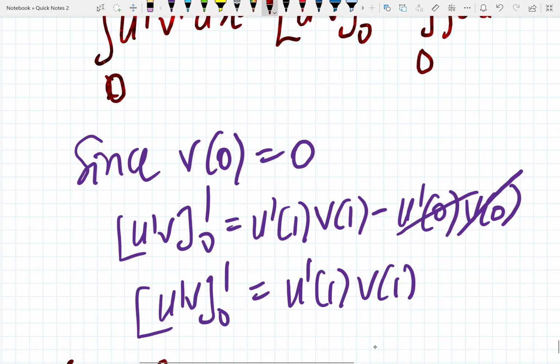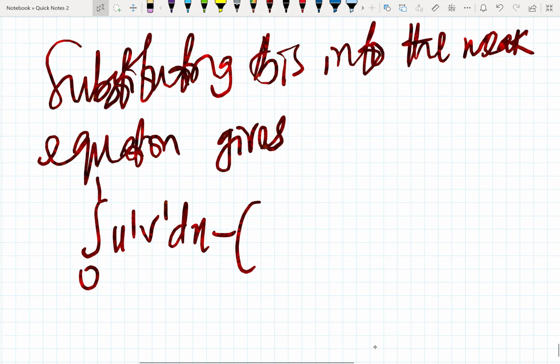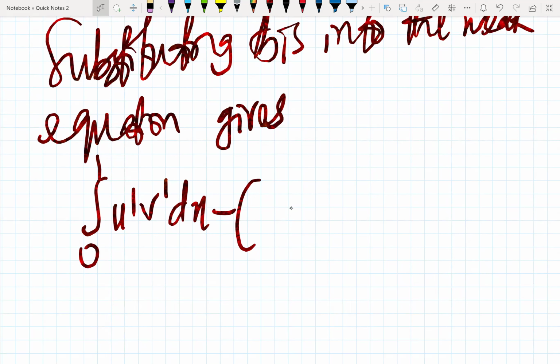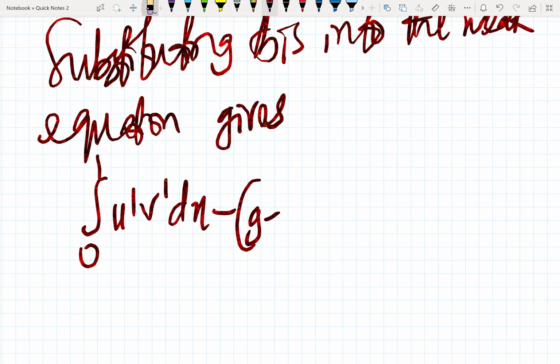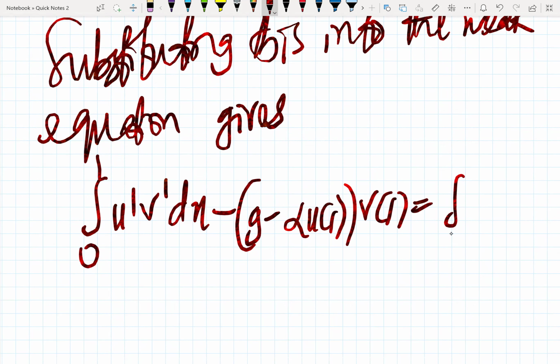And we know u prime of 1 is g minus alpha u of 1. So that's g minus alpha u of 1 multiplied by v of 1, equals the integral from 0 to 1 of fv dx.